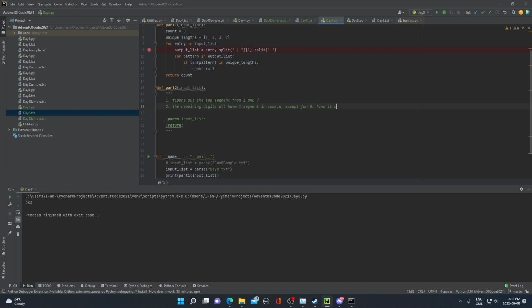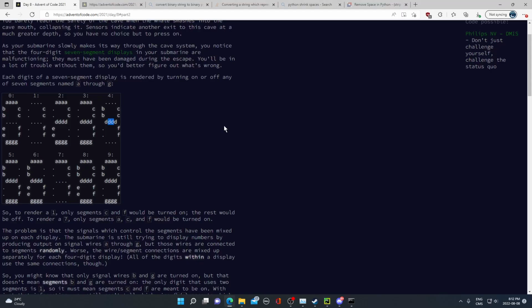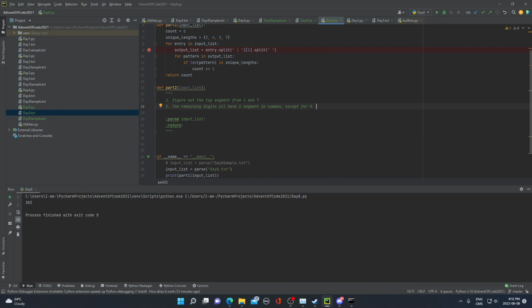Find it. It might not be the easiest to do in code though, but we can still do it. Find 0.